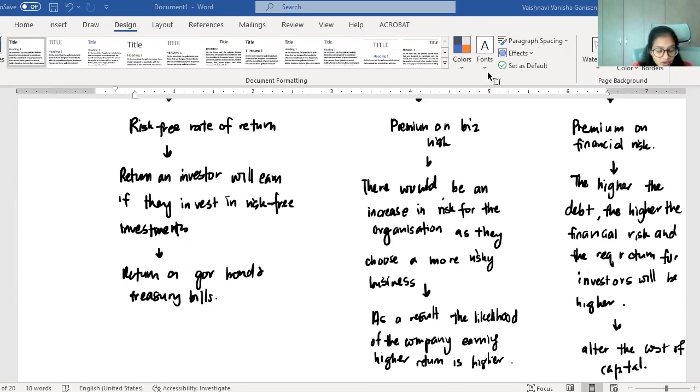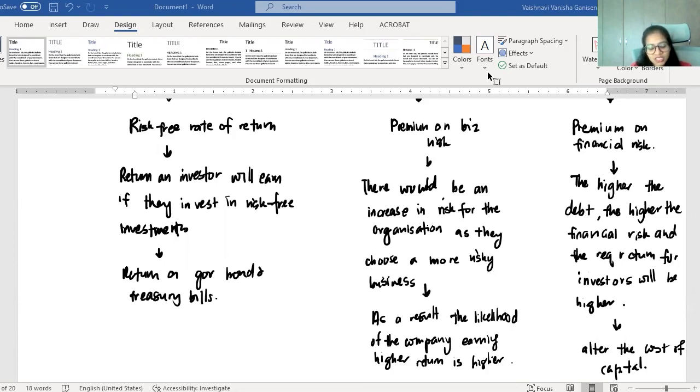So you cannot assume that if this business is in the same industry, they will have the same cost of capital. It's not possible, because even though they are having the same business risk, they are operating in the same industry.